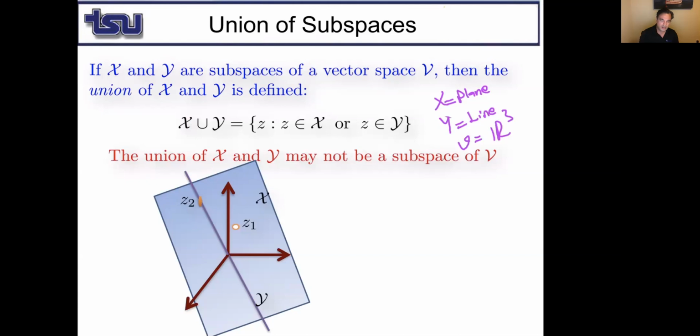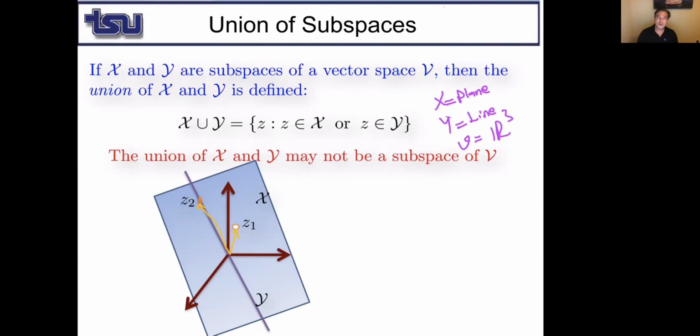Now, when I look at the union of that, that means all the points that come either from the plane or from the line. So for example, Z1 is in the union, Z2 is in the union. But if you add them up, Z1 plus Z2 may not be on the line or on the plane.